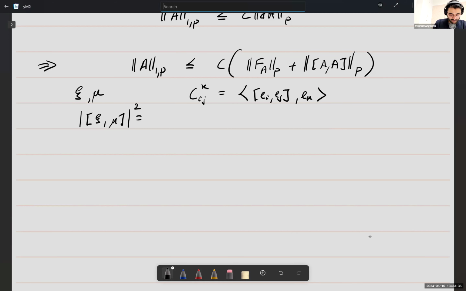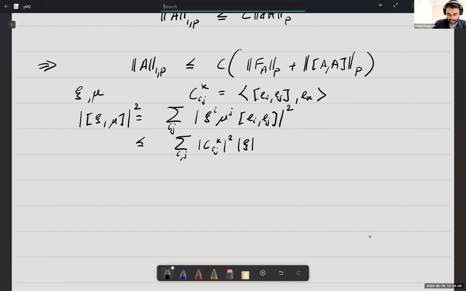Then this becomes I and mu j, ei ej, and that's less than or equal to Cijk squared psi squared xi I squared mu j squared.